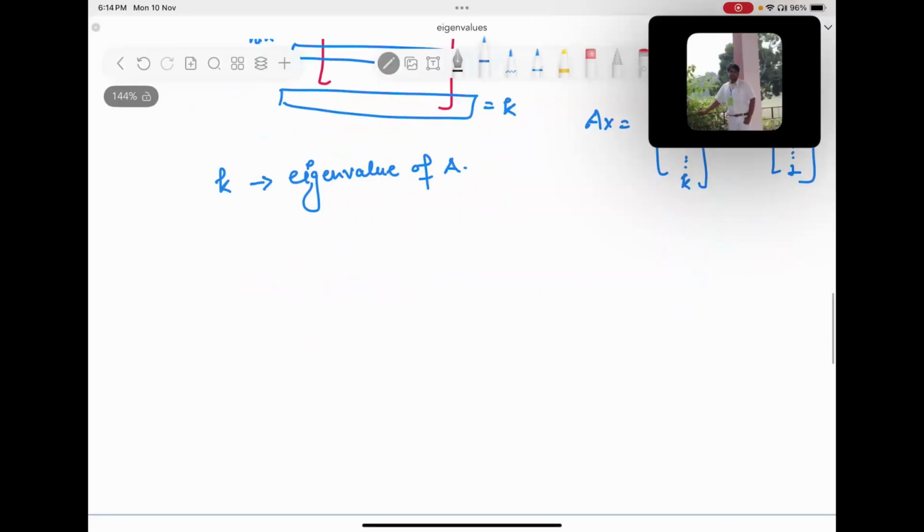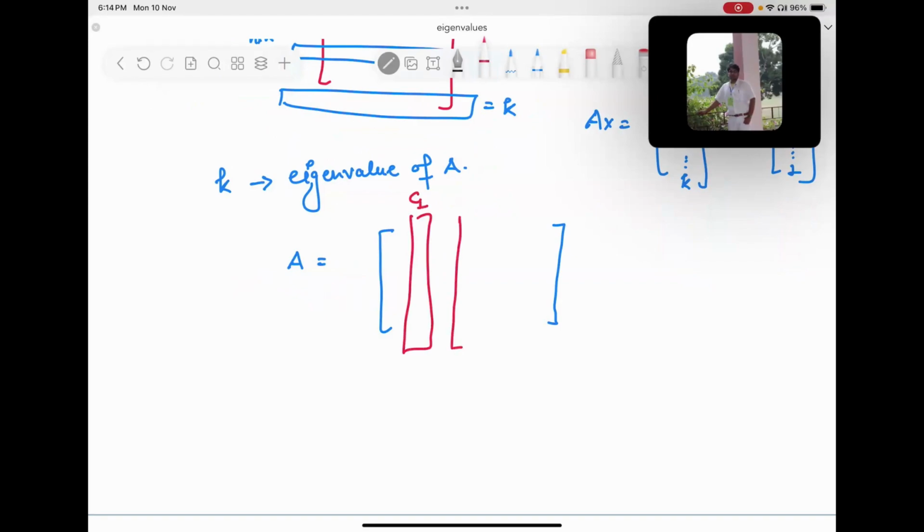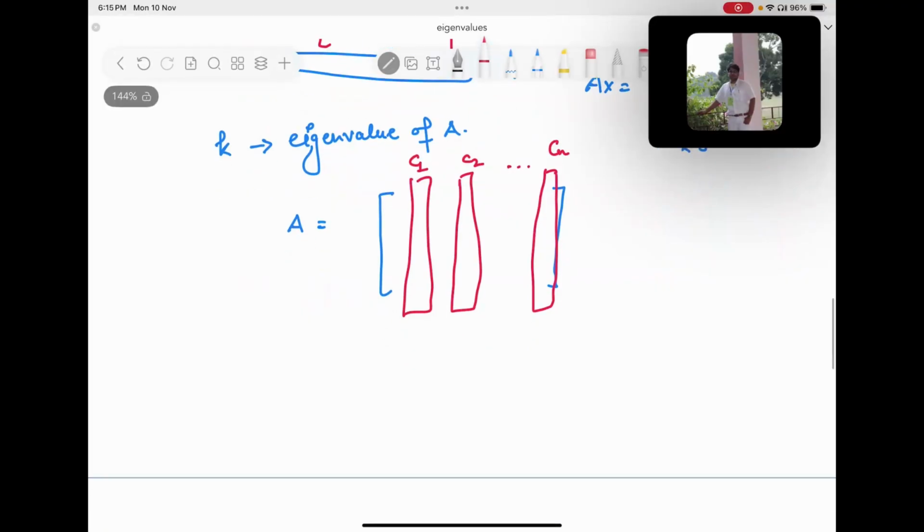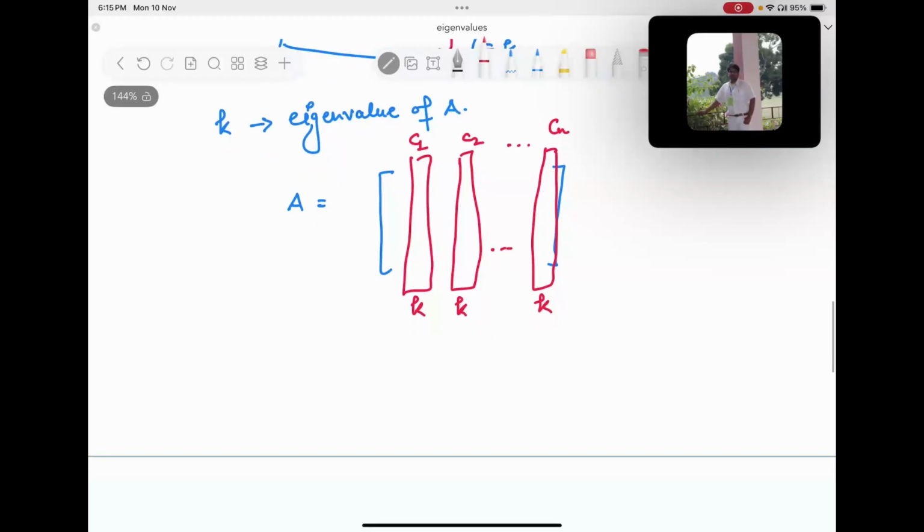Now similarly, suppose you have a matrix A, and suppose the sum of all columns, C1, C2, and so on up to Cn, is k. In this case, what can we say?